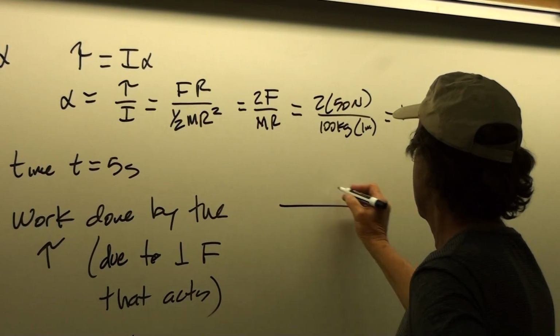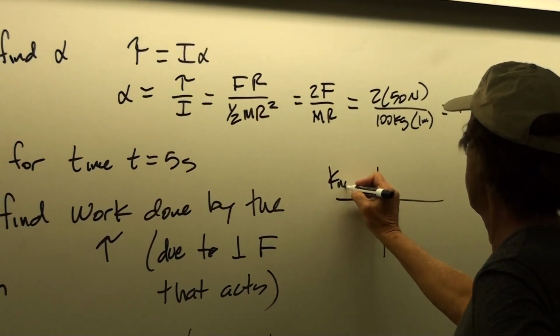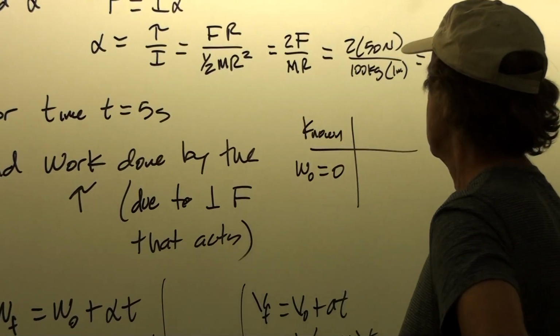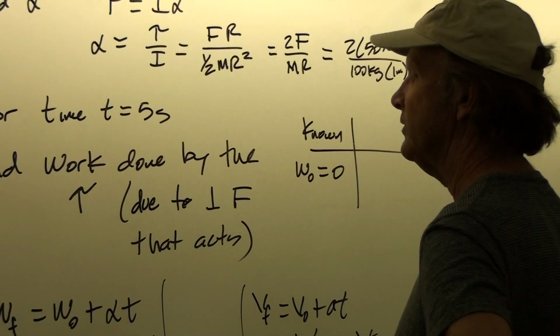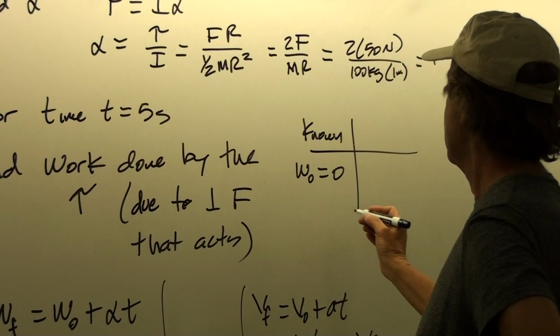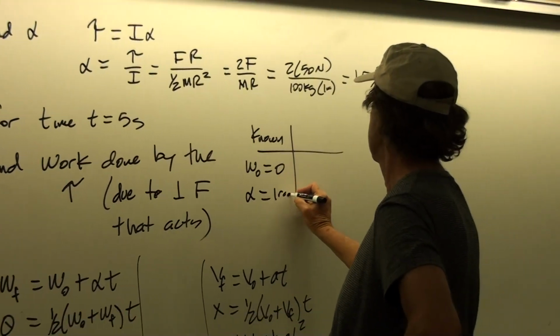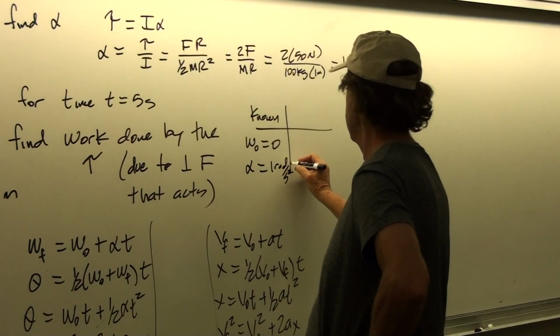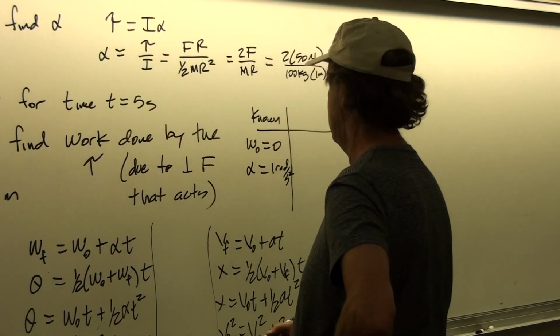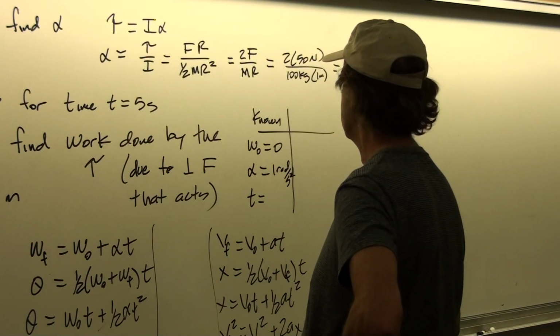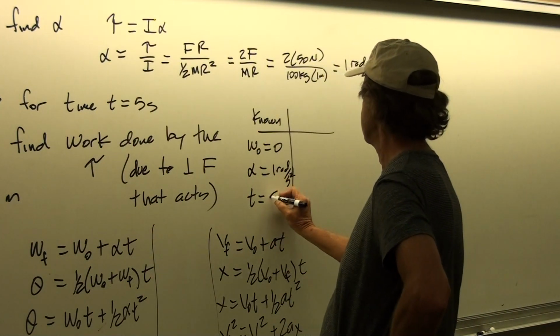Okay, so in our known column here, let's assume the initial velocity starts from rest. And we have alpha now as 1 radian per second squared. And we have the time that the torque acts is 5 seconds.